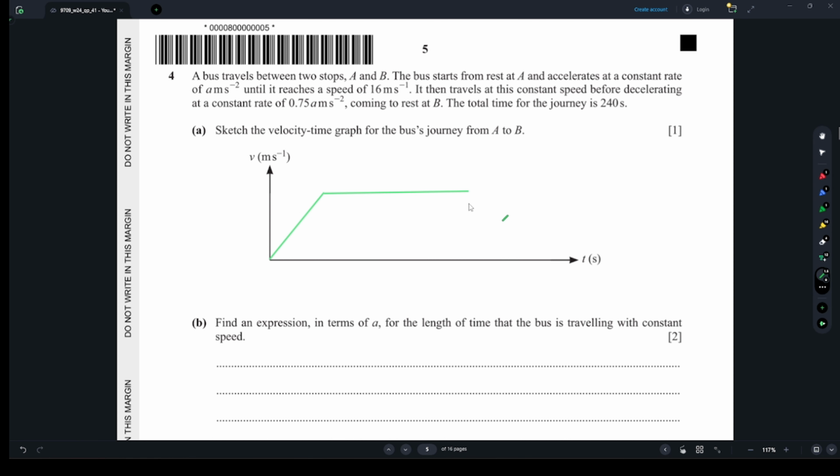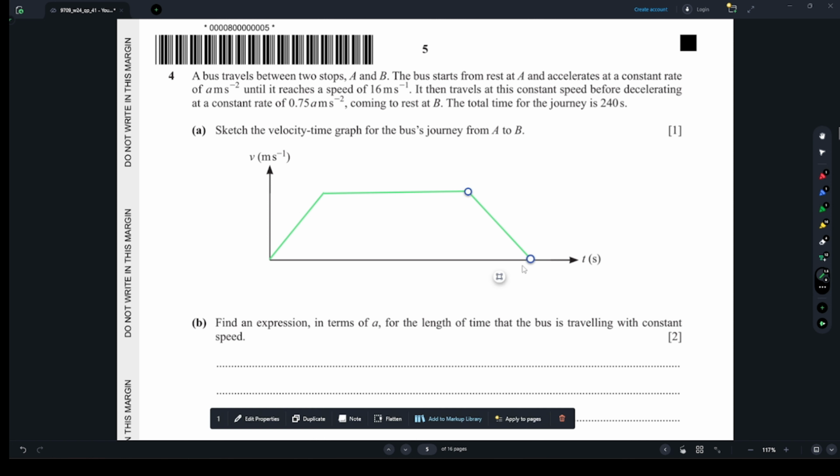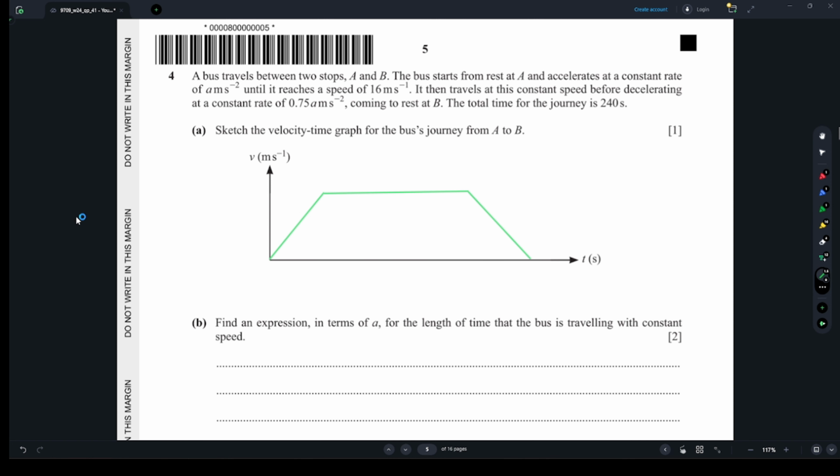Sorry, I made a mistake. 0.75 means 75%, so it's a little bit smaller than the previous. So we have to make the angle a little bit less, with less slope. So the slope is not bigger.